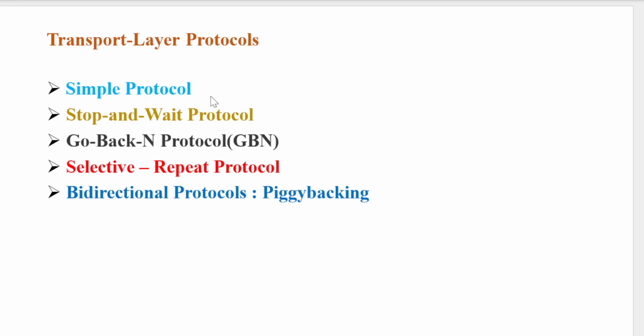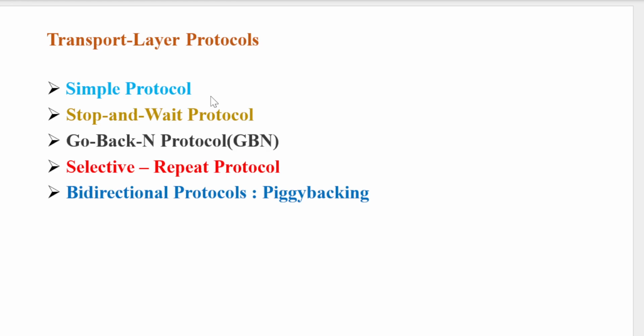The stop and wait protocol, where we introduced the term acknowledgement. And the go back N protocol, where the sliding window is introduced, and if the first data packet is corrupted, then the entire sliding window is resent.